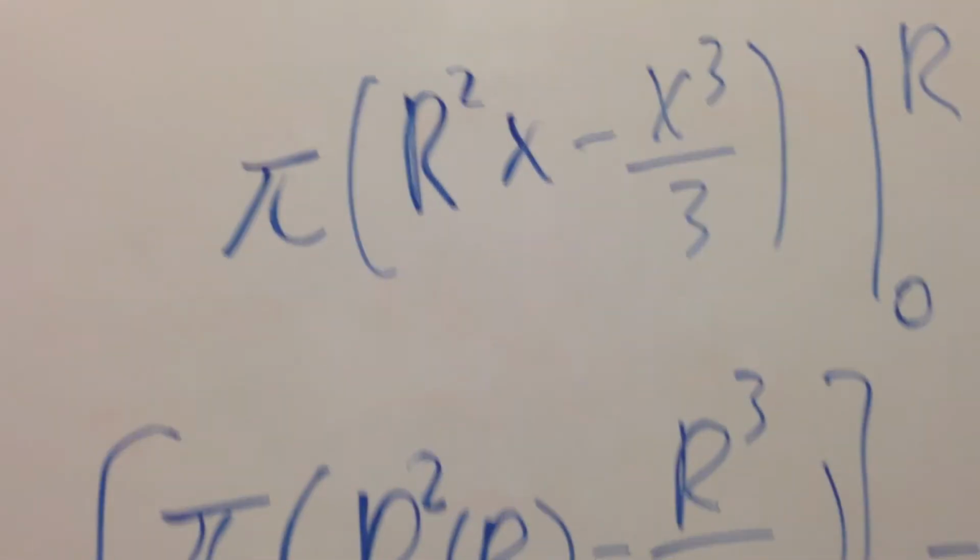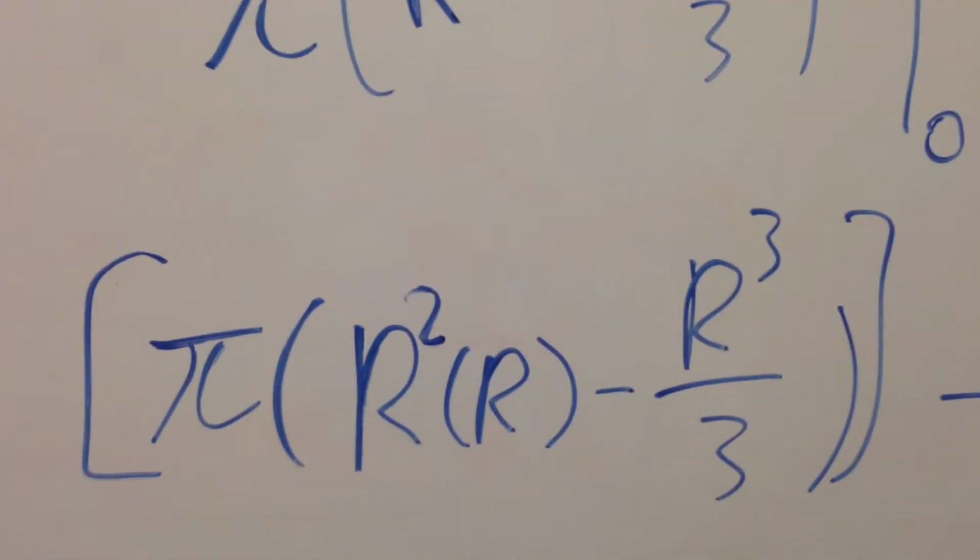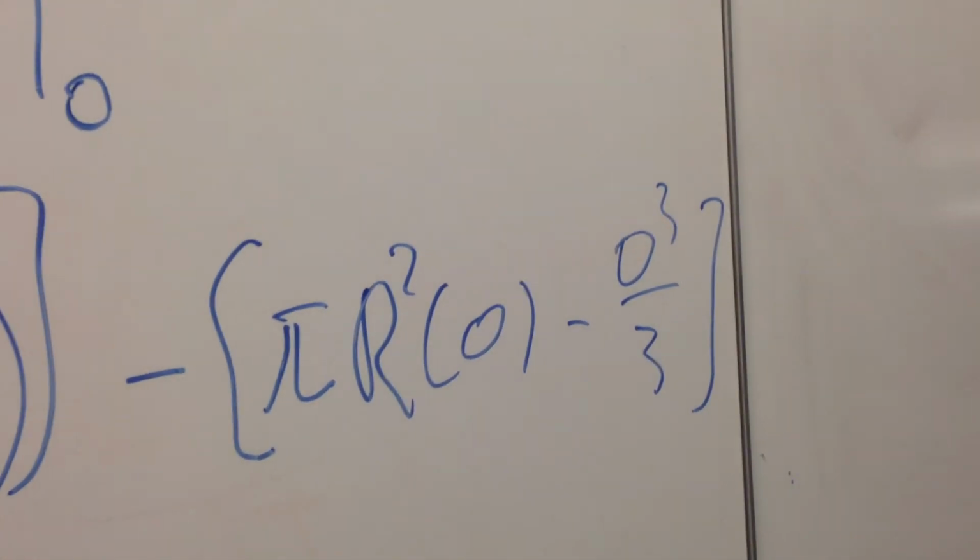So if we simplify the whole equation down, what we did is just plug in r and 0 for x. There we got this.